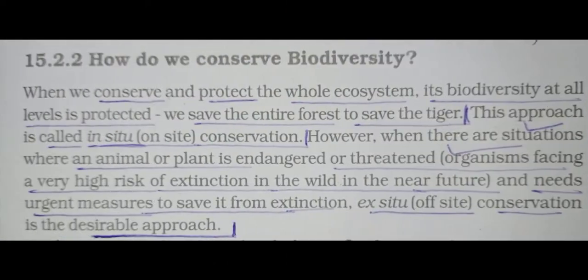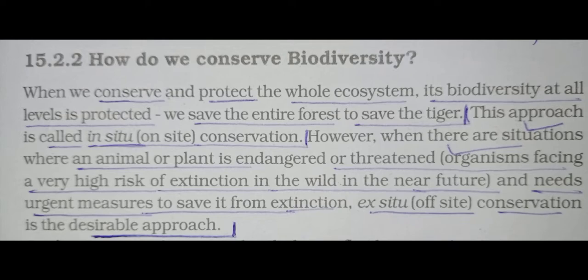You know that different national parks and sanctuaries are connected with in situ conservation, while zoological gardens, meaning zoological parks, as well as botanical gardens, are connected with ex situ conservation.